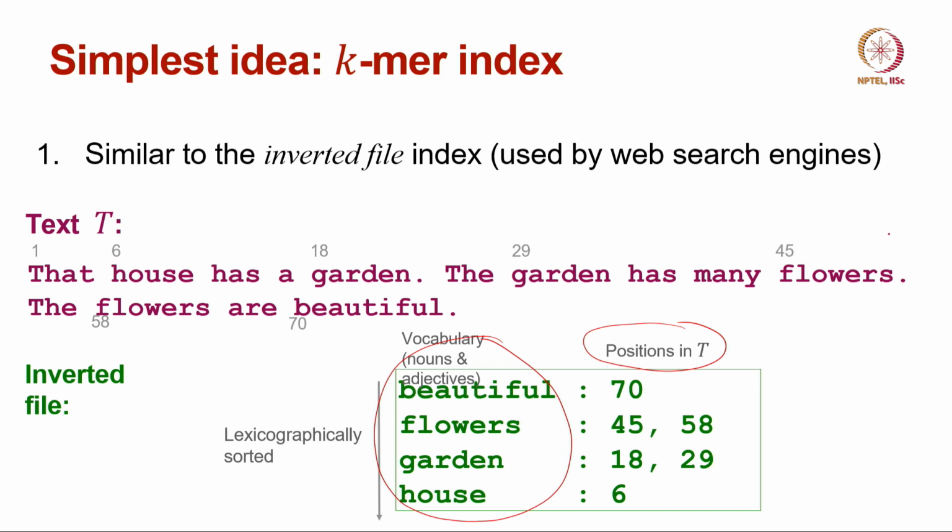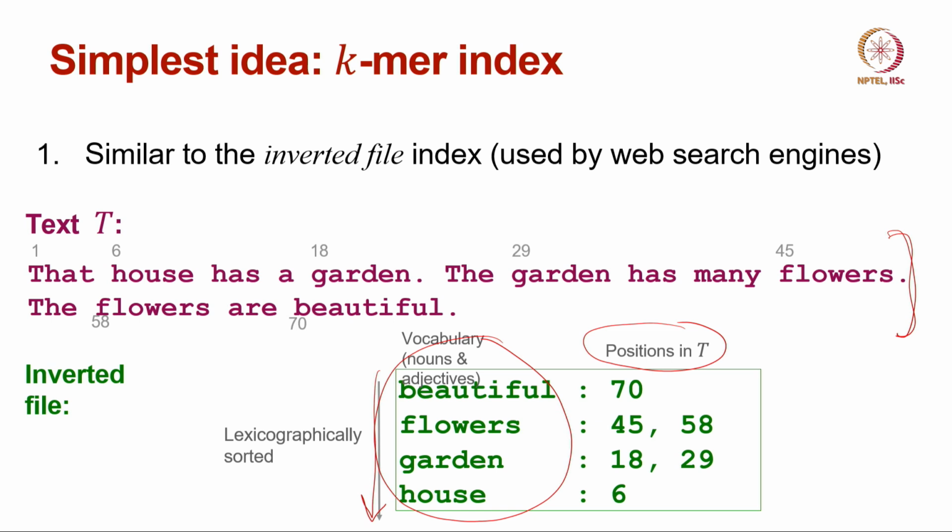So, for example, if my document is this, where the text says that the house has a garden, the garden has many flowers and the flowers are beautiful. If I want to build an inverted file index for this document, then I would build a lexicographically sorted vocabulary where all the words in the vocabulary will be lexicographically sorted.